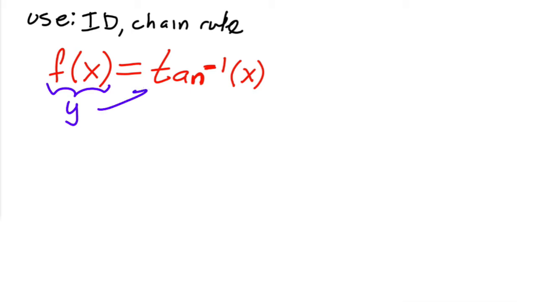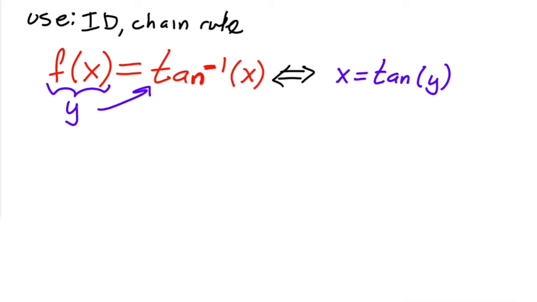If y is equal to the inverse tangent of x, what that means is that x is equal to the tangent of y. This is just the definition of the inverse function. When you say what's the inverse tangent of x, what you're saying is what's the input that gives you an output of this guy.